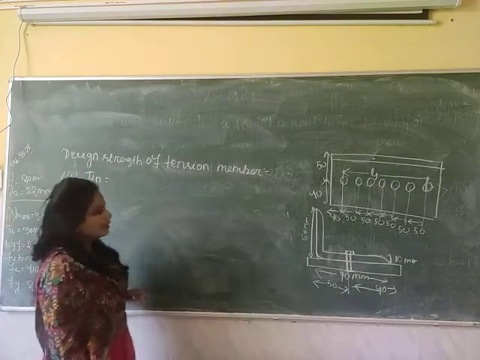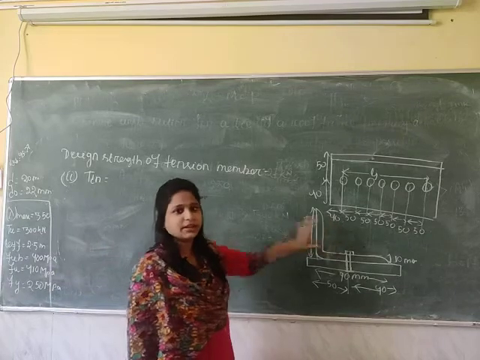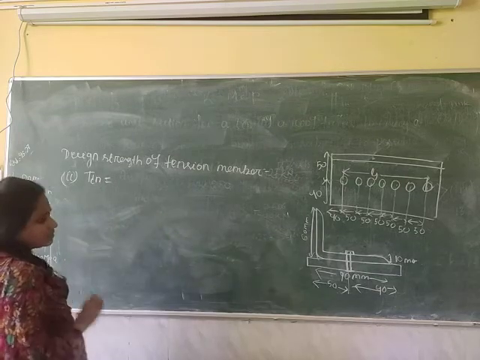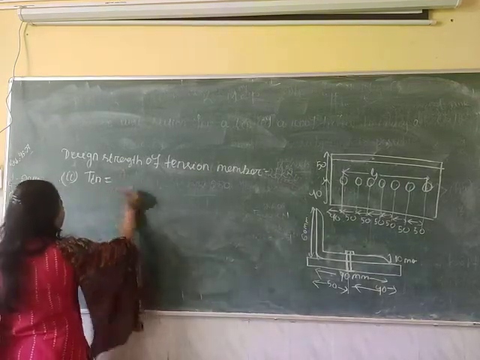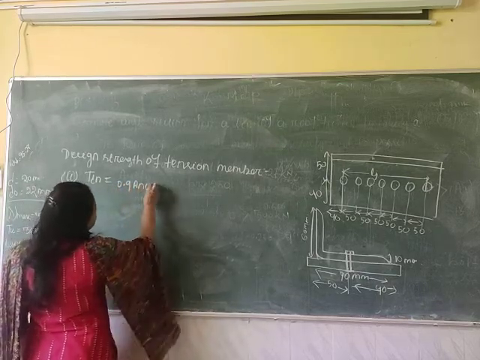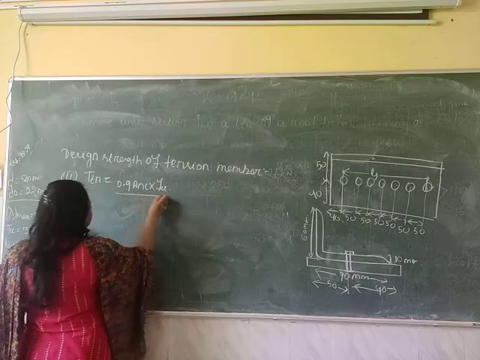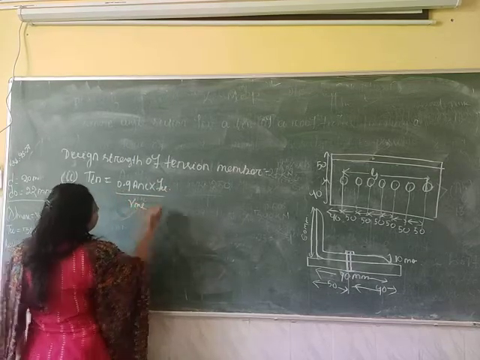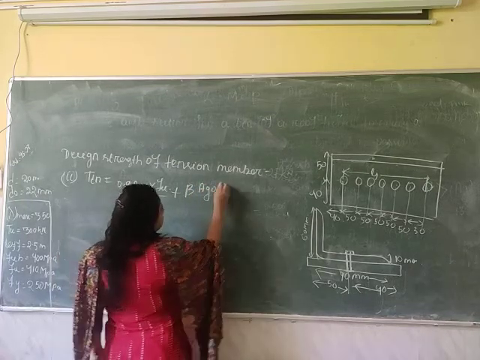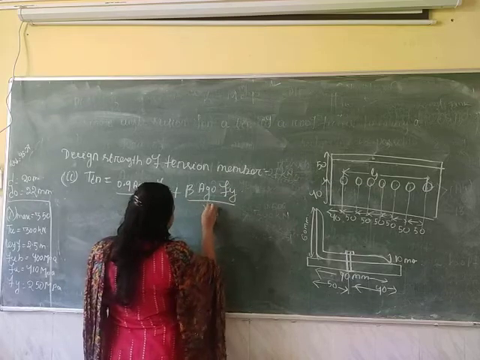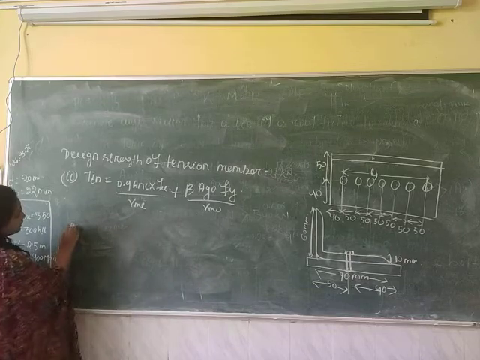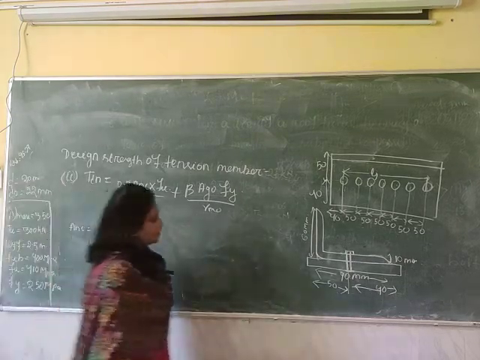As this is an angle section, due to the shear lag effect there is a specific formula for this angle section, and that formula is 0.9 into net area of connected leg into ultimate tensile strength divided by gamma m1, plus beta into gross area of outstanding leg into yield stress divided by gamma m0. Calculate here the net area of the connected leg.